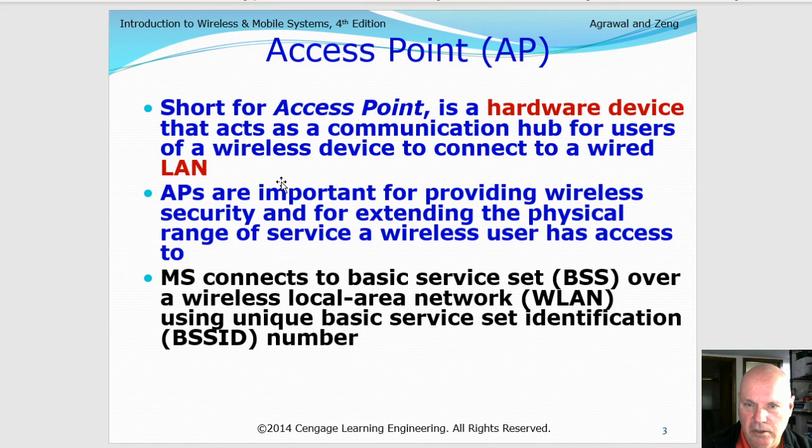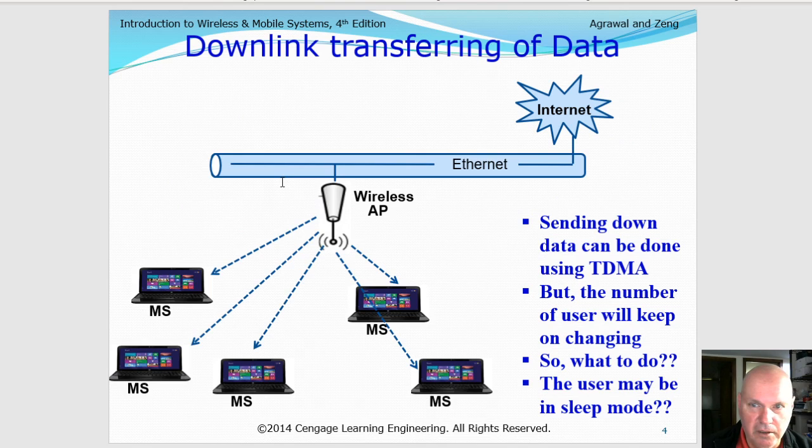Mobile stations connect to what's called a basic service set over the wireless local area network, and the basic service set is identified using formerly the BSSID, or more commonly the SSID. This is the network name you assign when you set up your home Wi-Fi router.